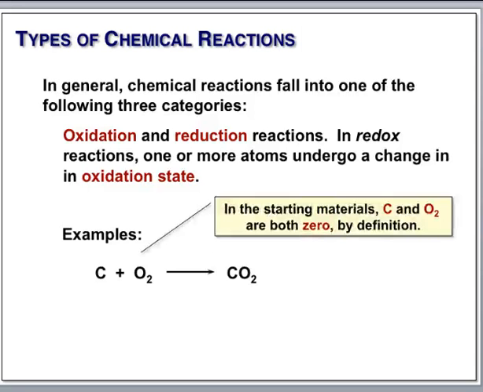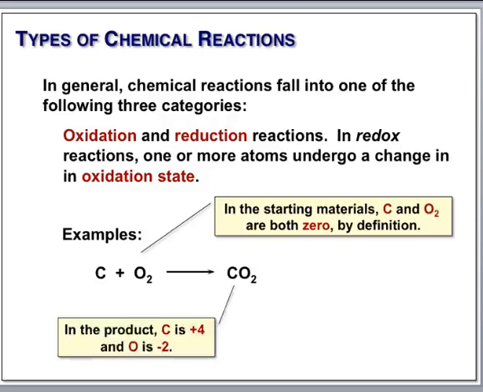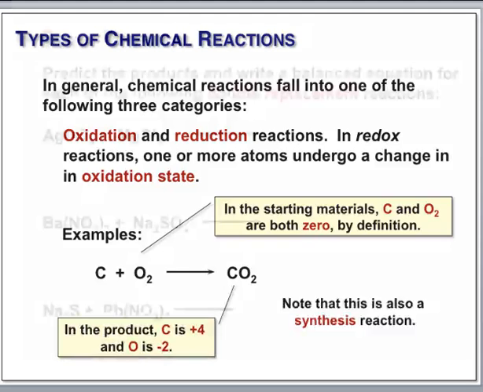If oxygen is typically -2, that means in carbon dioxide, we have 4 negatives here. In order for this to be neutral, the oxidation number of carbon must be +4. So our oxidation numbers have changed. 0 to +4, 0 to -2. That's a redox reaction. All right, we'll do more on that in a minute.